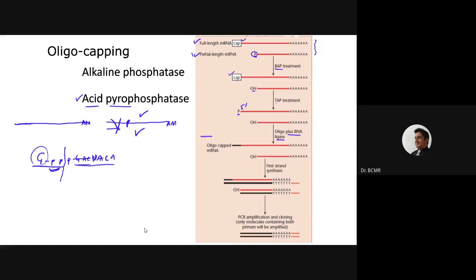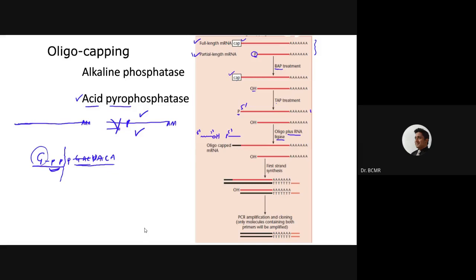It is similar in action to DNA ligase, except that it works only on RNA. What will be the substrates for it? This is 5 prime, and 3 prime of the oligo is like this. It has an OH, and what it needs to make a phosphoester bond would be a 5 prime phosphate.